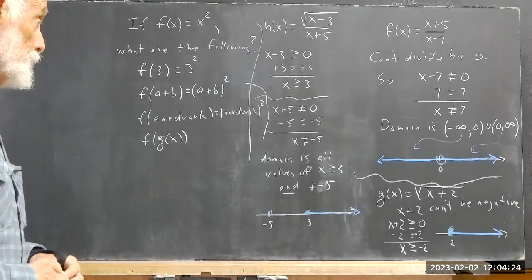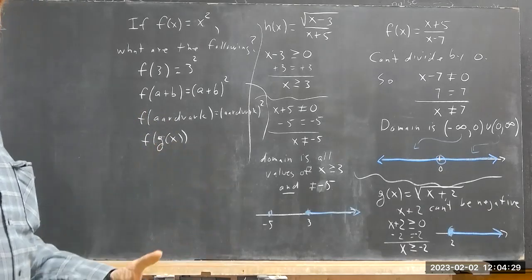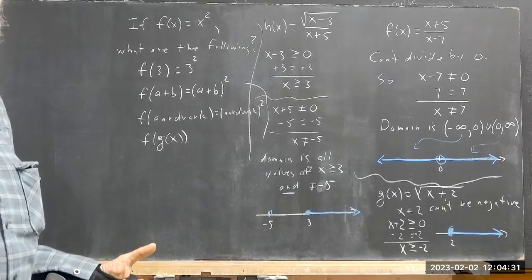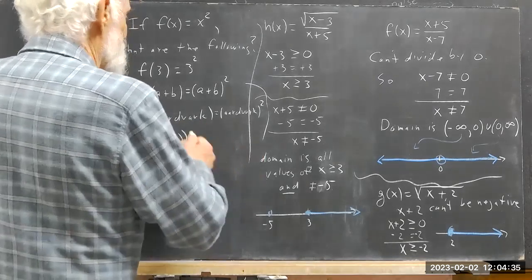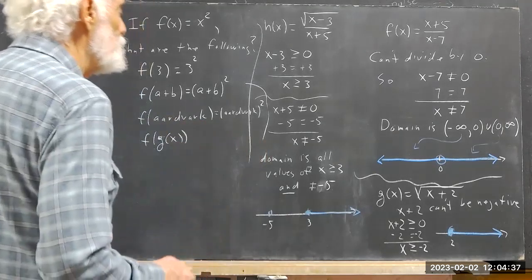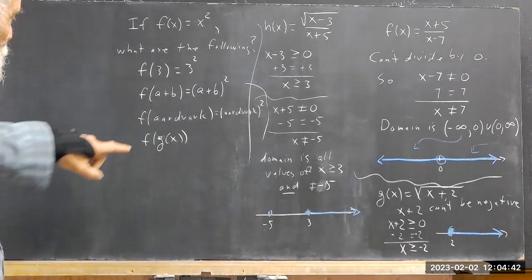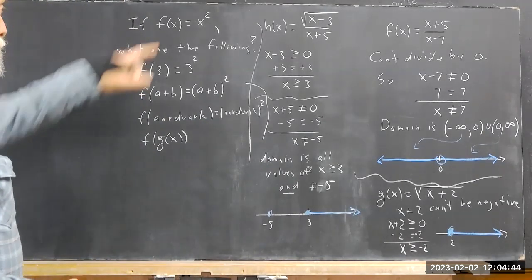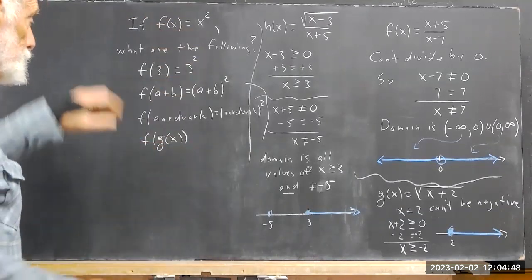And then we can say, okay, let aardvark equal 7. 7's not like any aardvark I've ever seen. Okay. We could use aardvark as a variable if we wanted to. Hopefully we wouldn't. What about f of g of x? Well, x has been replaced by g of x. So we replace x by g of x.